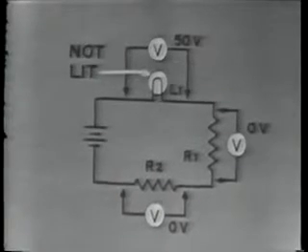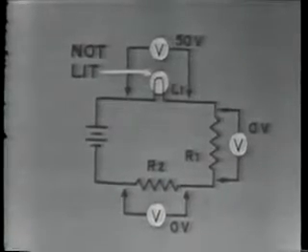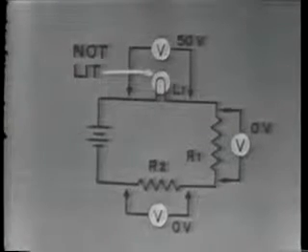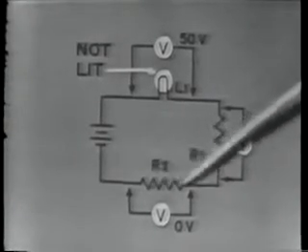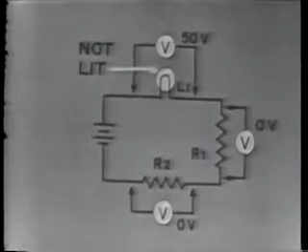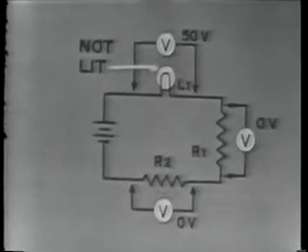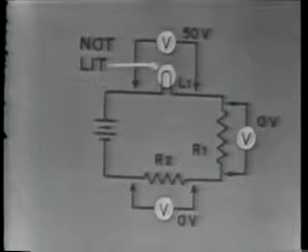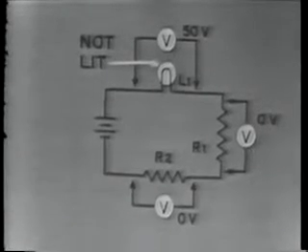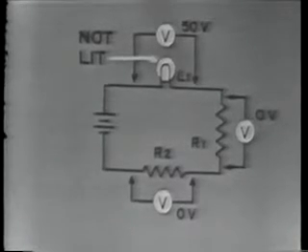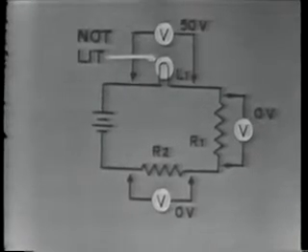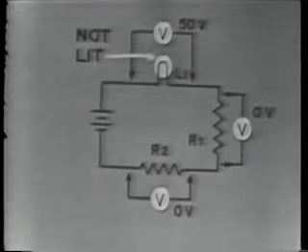What trouble or troubles are in this circuit? It may appear to you, at first glance, that R1 and R2 are shorted. This is sound thinking, since there is no voltage across these two resistors. But what if there is an open some other place in the circuit?